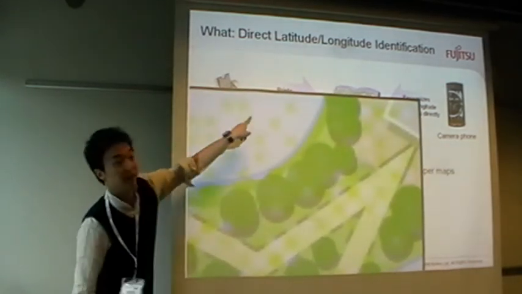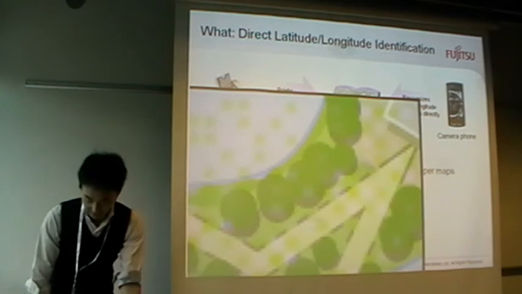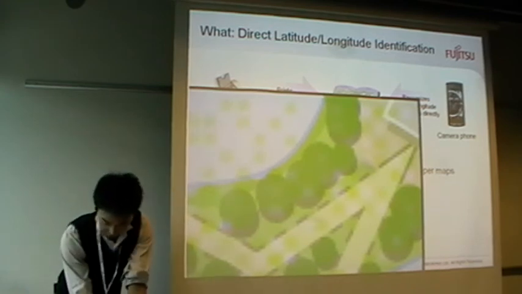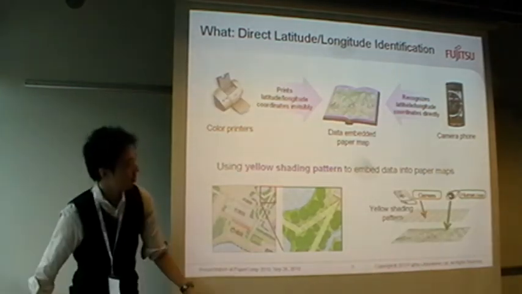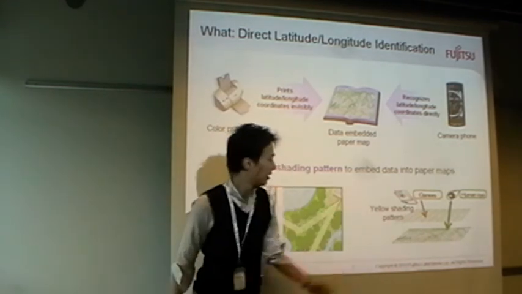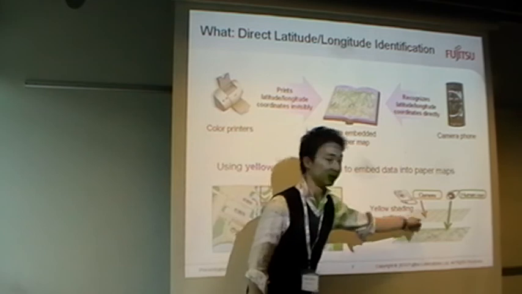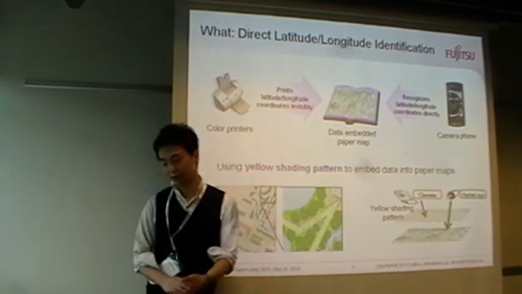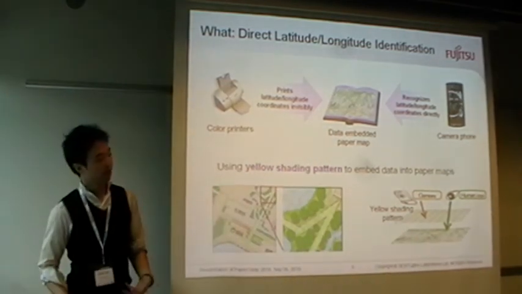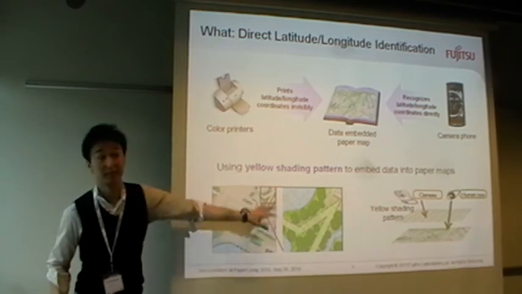This is a yellow shading pattern. So the human eye can hardly see the yellow shading pattern, but the camera is sensitive to it. And in addition, ordinary color printers can print the yellow shading patterns.